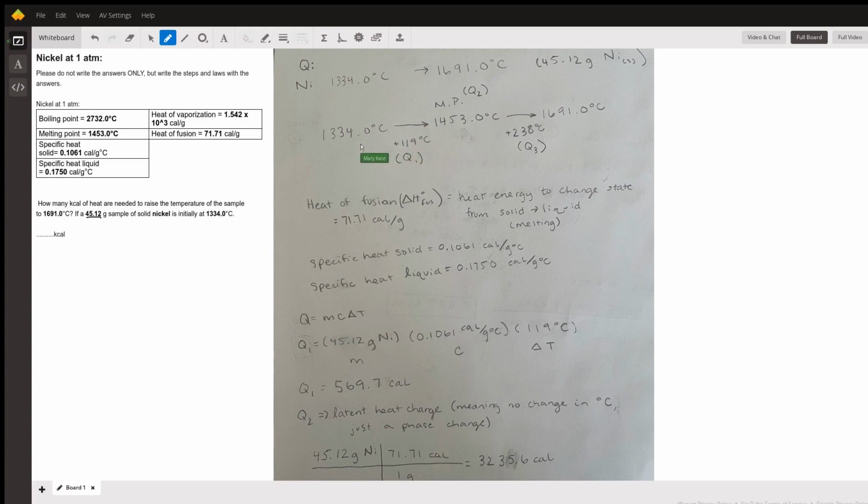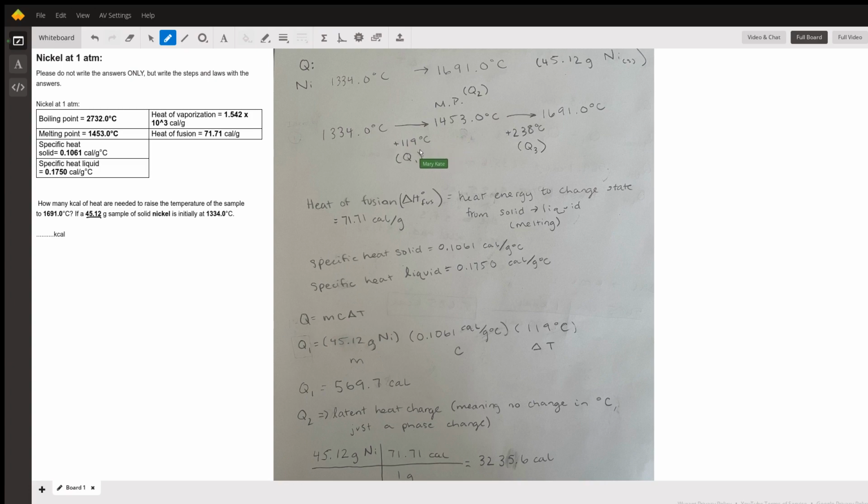Meaning that we have to change our temperature change, this whole thing, into 3 different parts. So our part 1 is going to be referred to as Q1, Q meaning heat energy. And that is going to include a 119 degrees Celsius temperature change, which is just 1453 minus 1334.